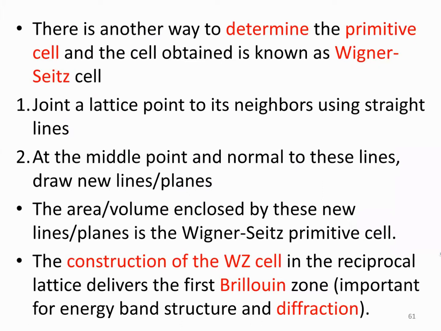Okay, so I will only show you 2D. So why is the construction of the Wigner-Seitz cell important? Because when you construct the Wigner-Seitz cell in the real lattice, then you get a Wigner-Seitz cell. But if you use the same method to construct it in the reciprocal lattice, then you will get the Brillouin zone. And this Brillouin zone is very important in the energy band structure.